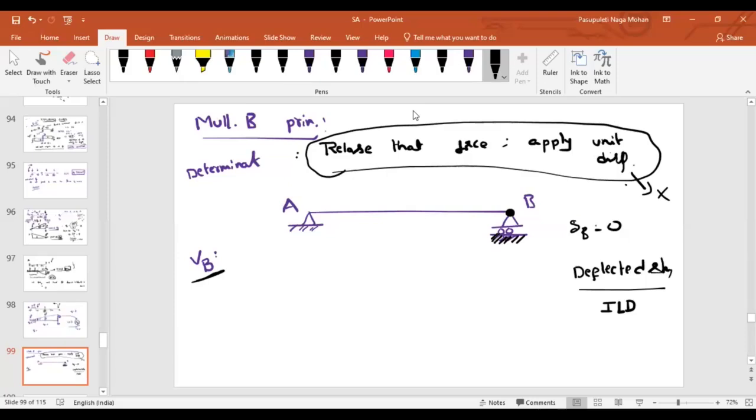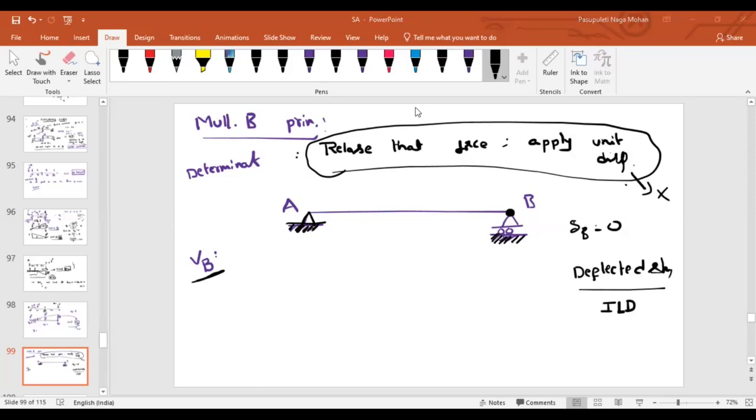Is my question clear? Let us talk about A. What is the horizontal displacement at A? 0, sir. Displacement at A? 0, right? If I release the vertical force, then only vertical deflection is going to happen.